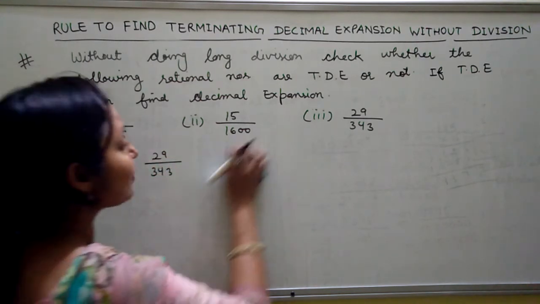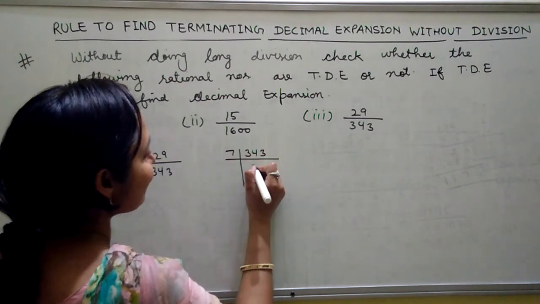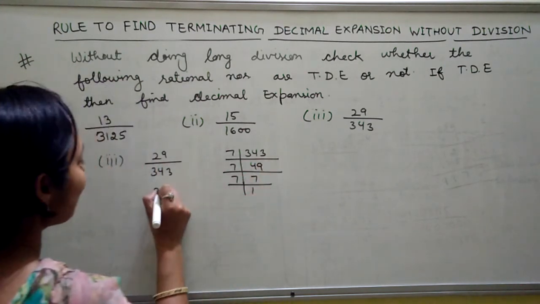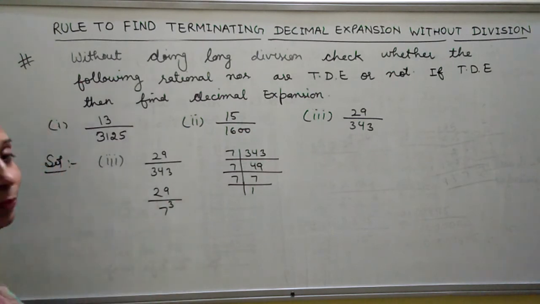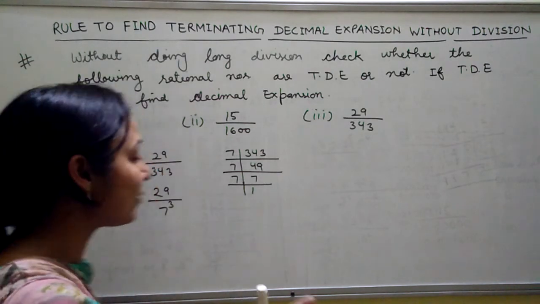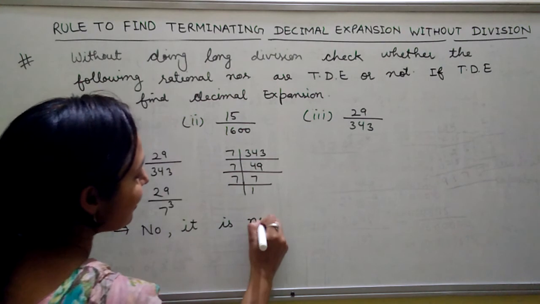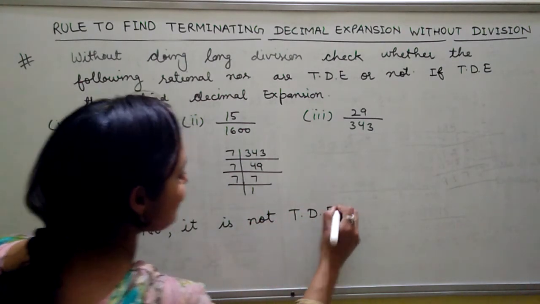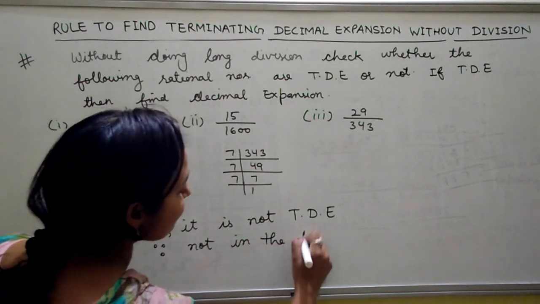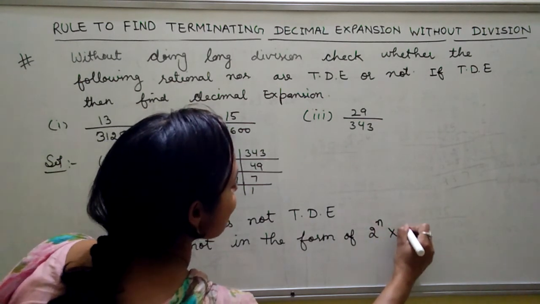First of all, find the factors of the denominator. 343: when you divide by 7, 49, then 7 7s are 49, 7 1s are 7. So 343 is 7 raised to the power 3, cube. So this is not in the form of 2 raised to power n or 5 raised to power n. So no, it is not a terminating decimal expansion, because it is not in the form of 2 raised to power n into 5 raised to power m.